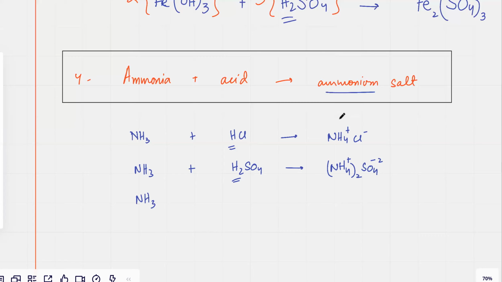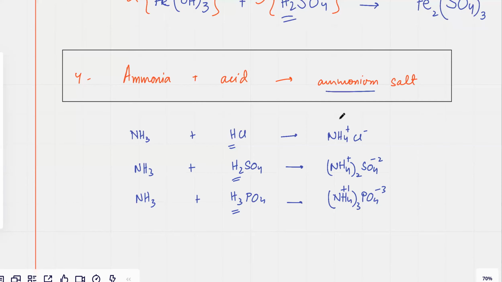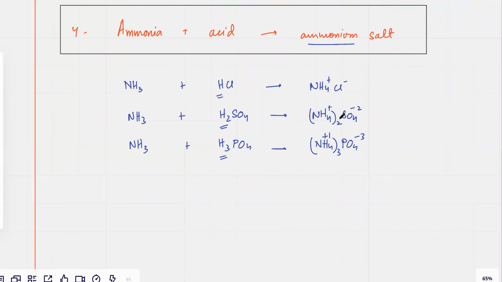Or NH3 plus H3PO4. Same thing. Get rid of the H, put ammonium in its place. So it would be NH4 plus 1, PO4 would be minus 3. So it's going to be (NH4)3PO4. Is this clear? So it's a simple reaction. React ammonia with any acids. Yes, sir.